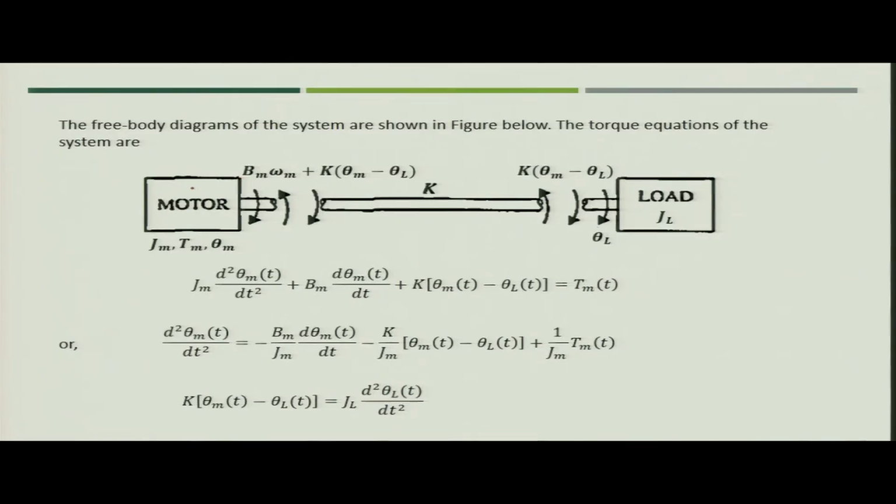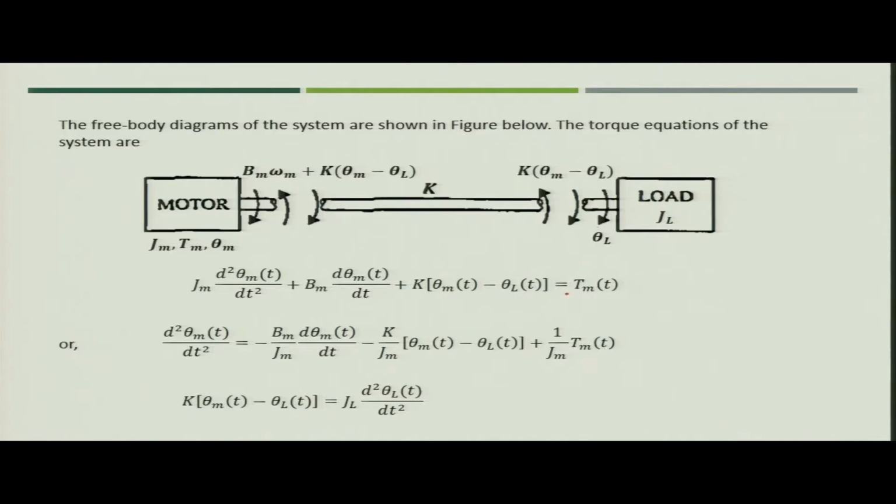From the motor side, if you see the free body diagram, you will see that when the torque Tm is applied, you will have the viscous friction part plus spring torque part applicable in the opposite direction of the motor torque applied.